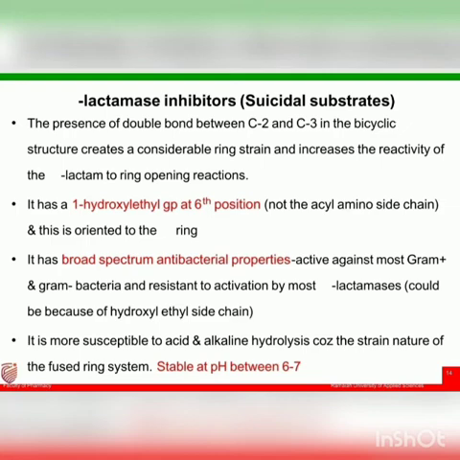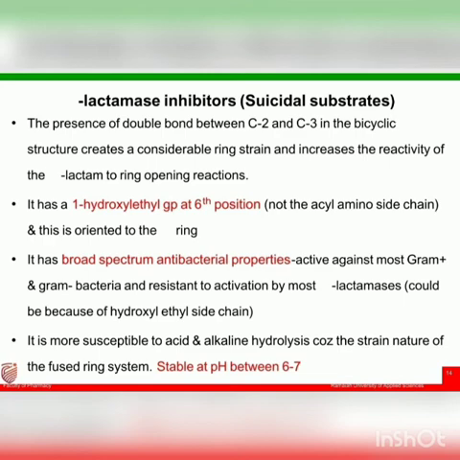It has a 1-hydroxyethyl group at the 6th position, not the acylamino side chain, and this is oriented trans to the beta-lactam ring. It has broad spectrum antibacterial properties, which is active against gram-positive and gram-negative bacteria and resistant to inactivation by most beta-lactamases.